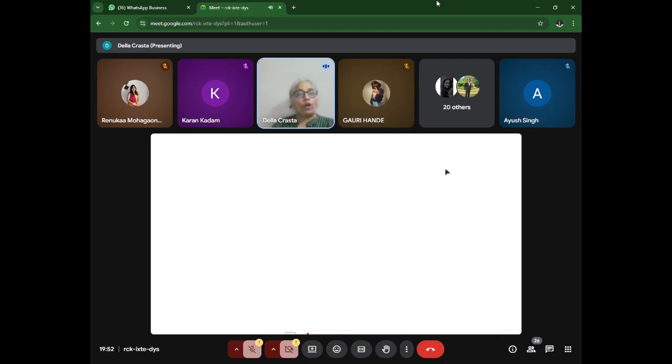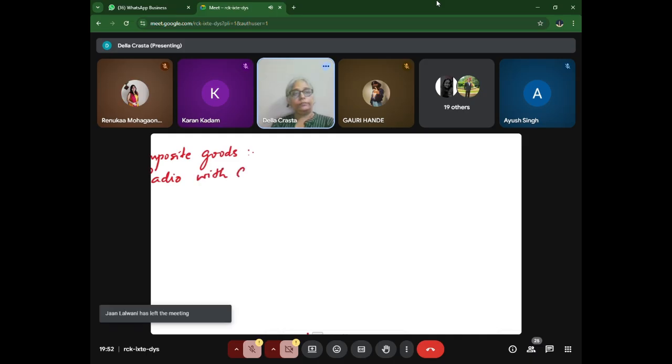Any example of a composite good? Like how we had radio with clock, can you think of a similar item?